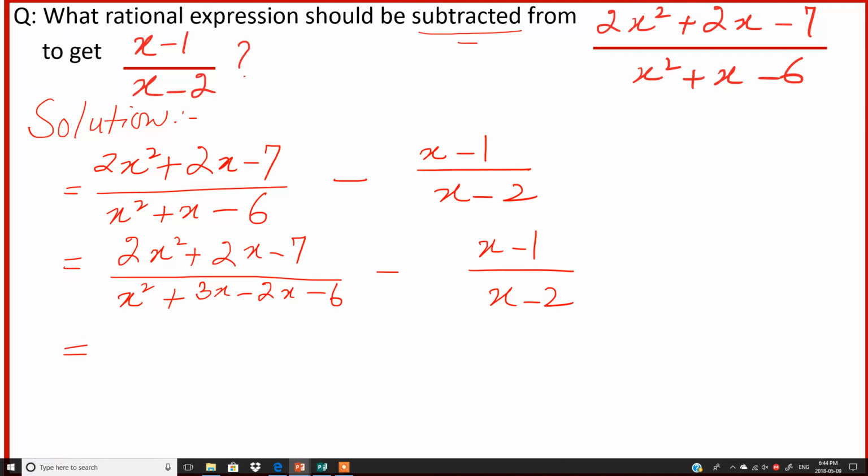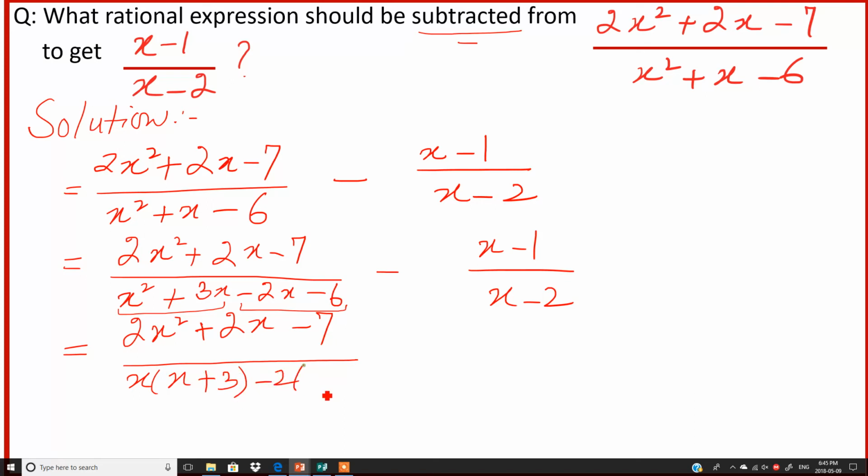So the numerator will remain the same, 2x square plus 2x minus 7, and then this is one set, this is one set. From this we will take x as common, x plus 3 minus 2 x plus 3, and then here we have x minus 1 divided by x minus 2. I can do it on the other slide.